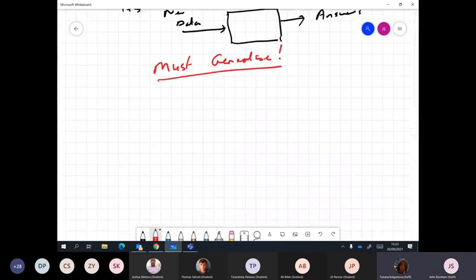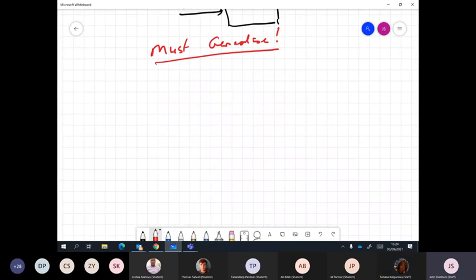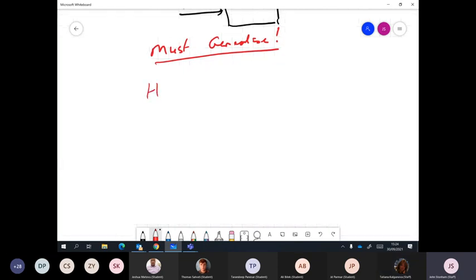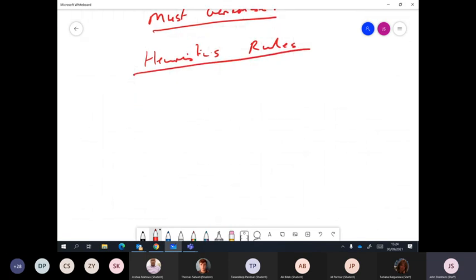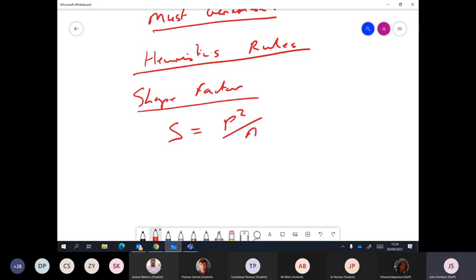To get started on systems that generalize, we first of all looked at heuristics, which are rules which we can apply to the data. The simplest one, which I talked about in some detail, was the shape factor. It's a simple definition: shape factor S is equal to perimeter squared over A. And this is sometimes called compactness.